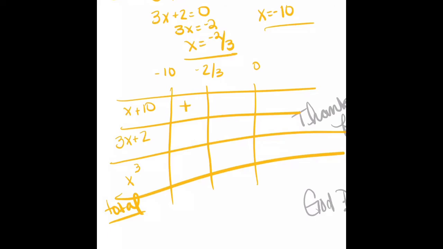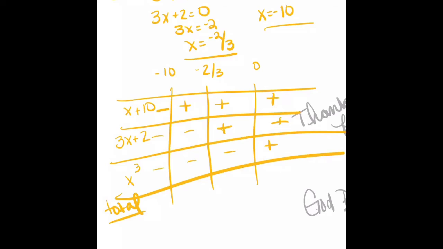So we need now to the left, to the right, it's positive. To the left, it's negative. To the right, it's positive. To the left, it's negative. And then we know to the right it's positive, to the left it is negative.